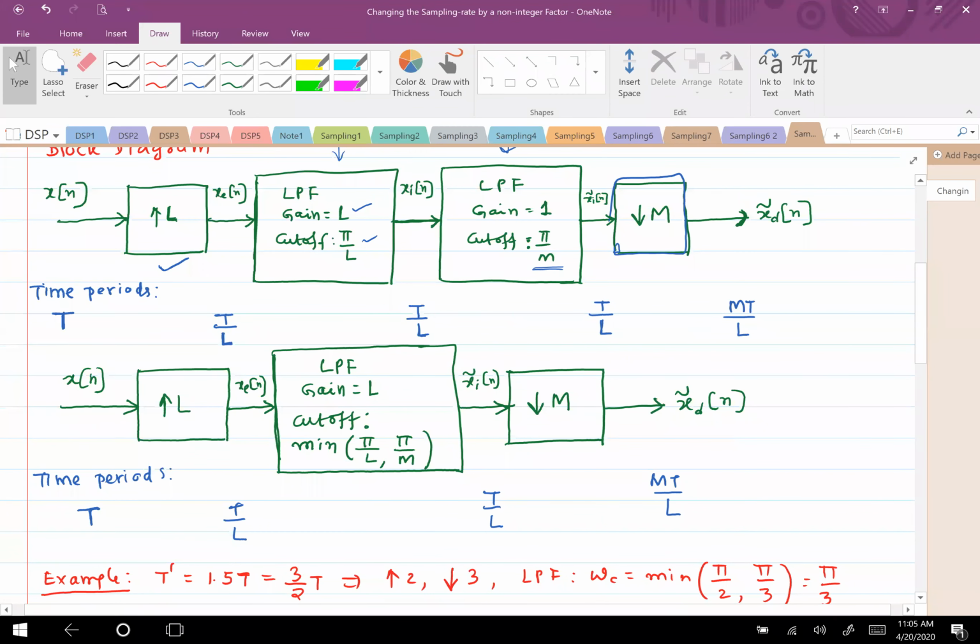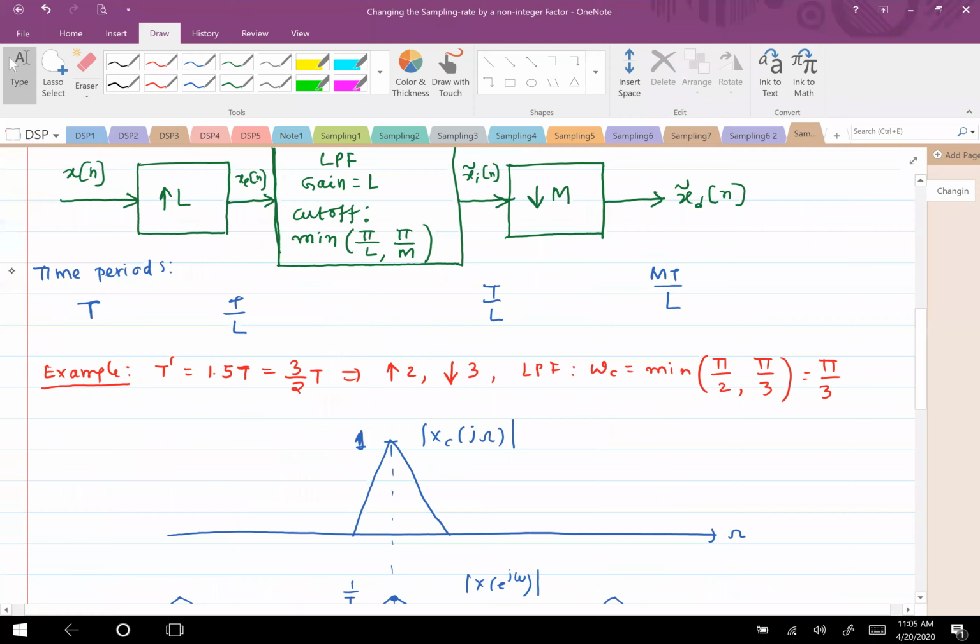Instead of doing it twice, you simply take one cutoff frequency, because here anything less than or equal to pi by L is retained, anything greater than pi by L is made 0, and here anything greater than pi by M is made 0. So whichever is smaller is the cutoff. Equivalently, you could think of it as a single low pass filter where you take the cutoff frequency as the minimum of these two, and that's how you could combine these two blocks.